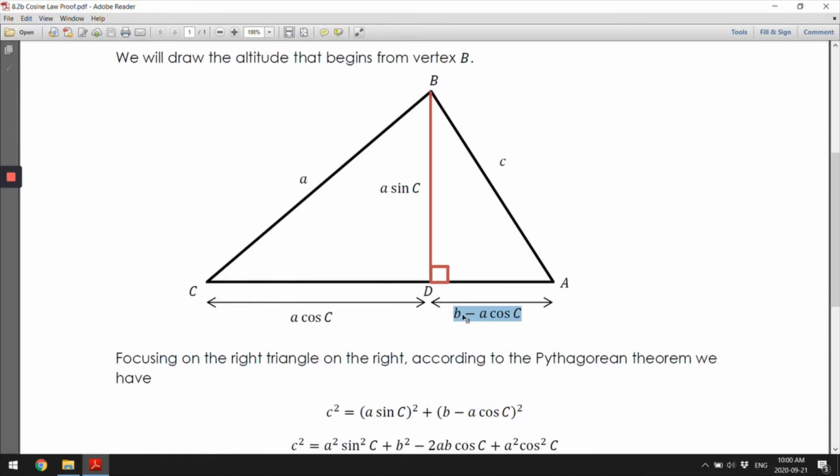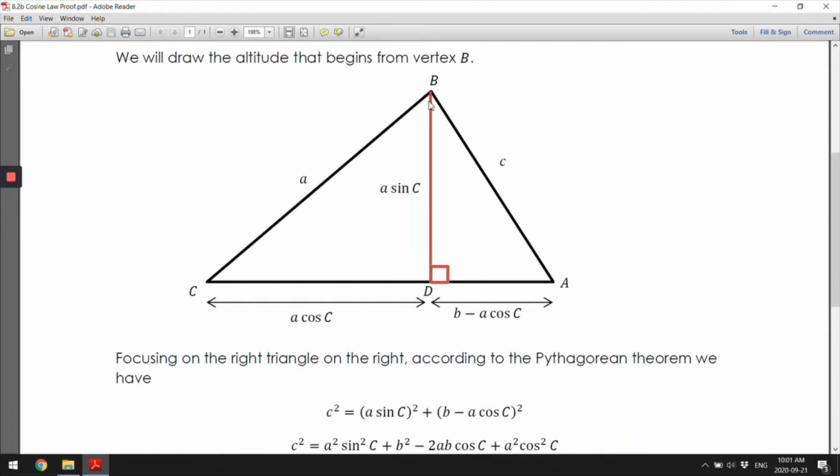The remaining length is B minus A cos C. So what we really want to do now is focus on triangle BDA, the right triangle on the right-hand side. Once again, BD, the altitude, is A sine C, and DA is B minus A cos C.